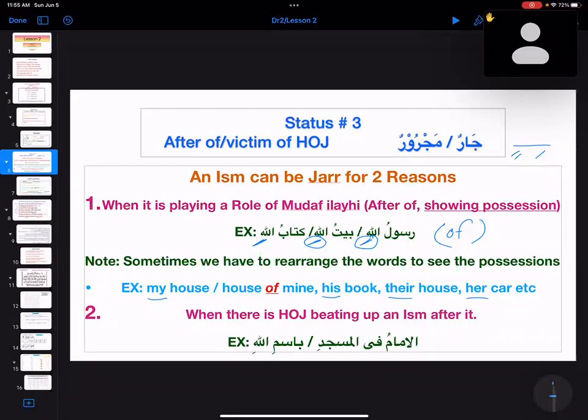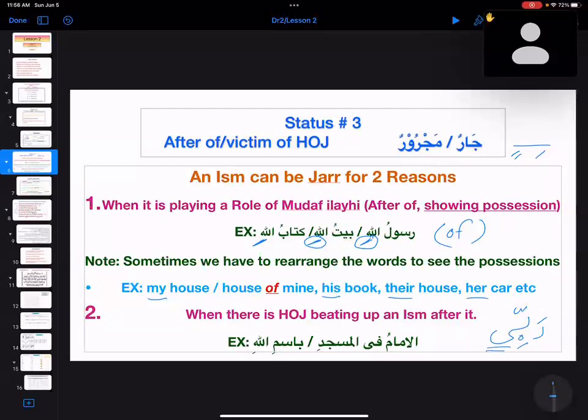So when I say Rabbi, what does Rabbi mean? My. So how do I write Rabbi? You guys are able to see the screen, right? Okay, so this is how we are going to write Rabbi.